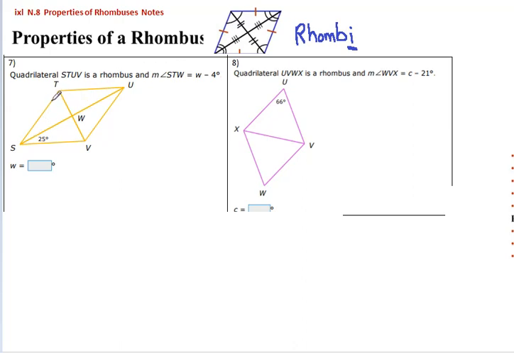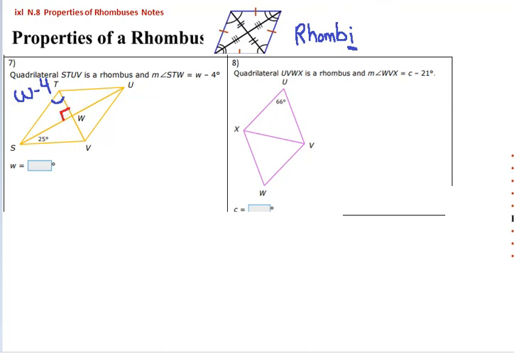So this one right here, that measure is W minus 4. It's that one right there. And we're looking for what is W. So again, to be able to solve for W, you need to find two things that equal each other. You want to set up an equation so you can then solve. So our clues again are a right angle there.